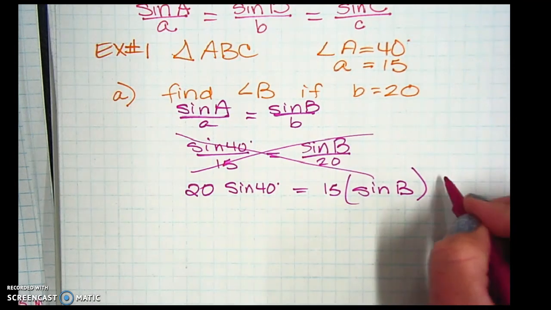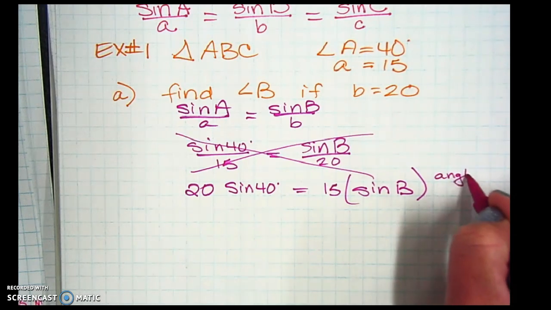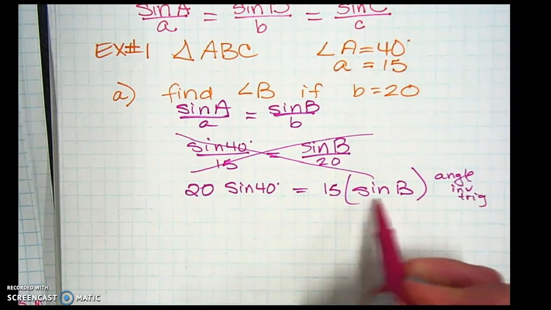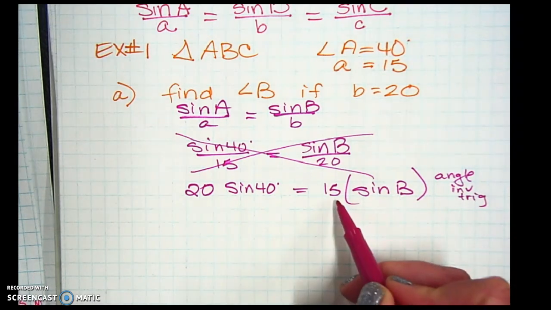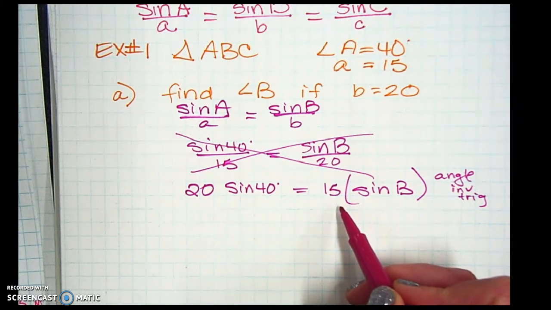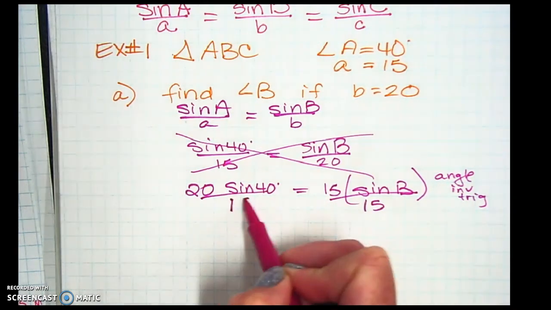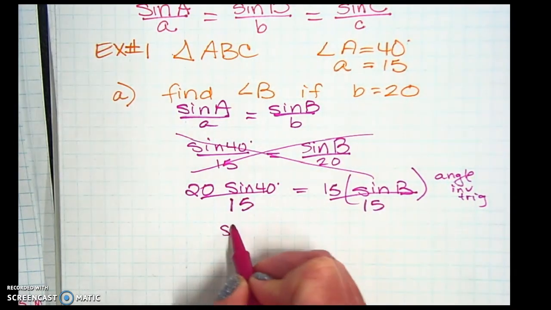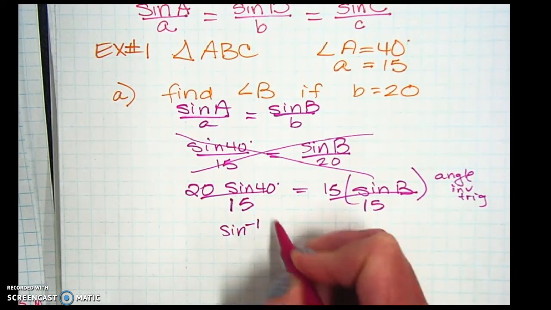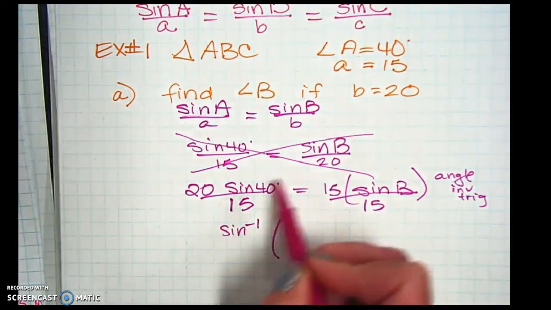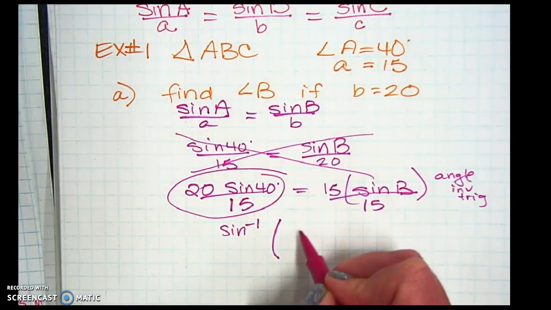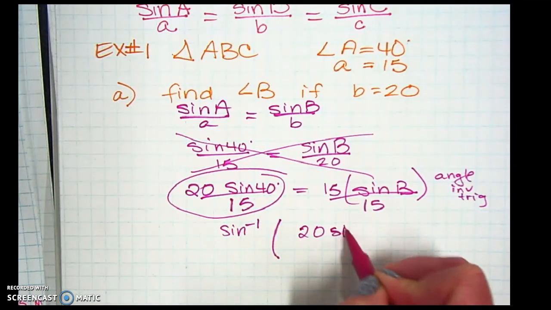It's an angle, so we're going to use inverse trig. Okay? Right now, the sine of B is being multiplied by 15, so we need to divide by 15. So we're going to use inverse sine of all of this. So 20 times the sine of 40.